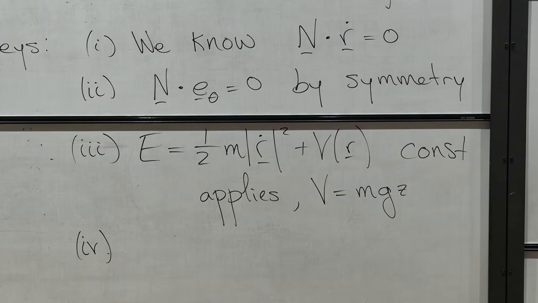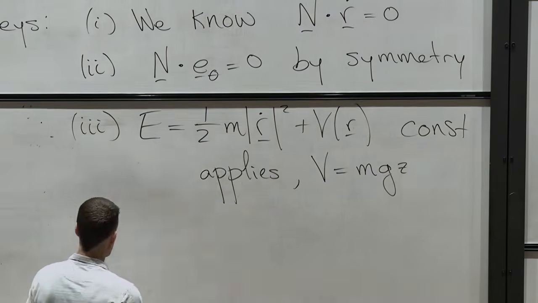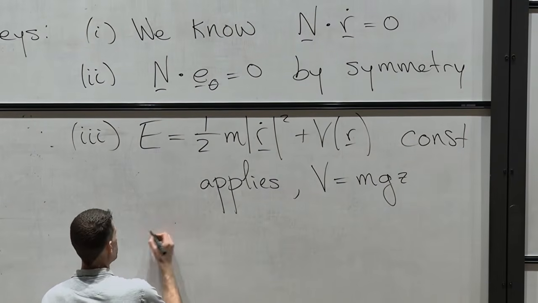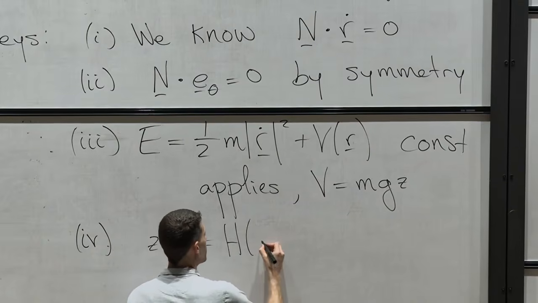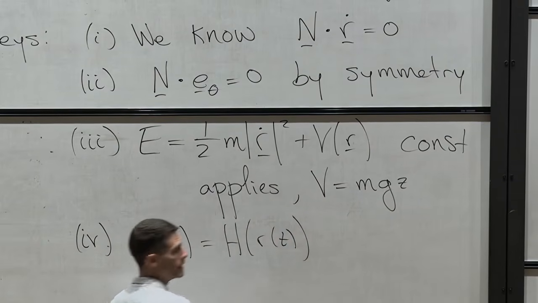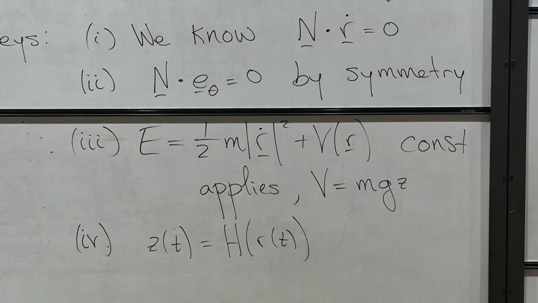At any given point, the mass is on the surface, and the surface is defined by revolving this curve, whatever I called it, z equals h of r, around the z-axis. Right? That means z and r are not independent, they're linked by that function h. Right? So z, we can write it this way, z of t equals h of r of t at all times that the particle is on the surface.